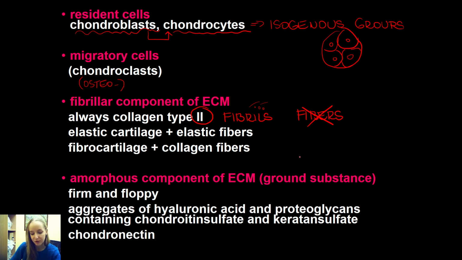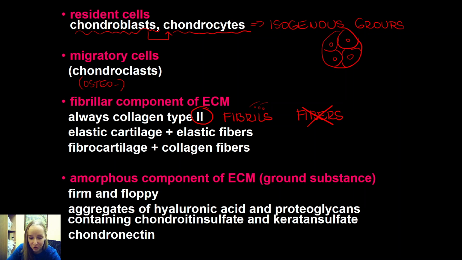But there are types of cartilage that have fibers. So some cartilage doesn't contain fibers, but some types of cartilage do contain fibers. For example, that's the fibrocartilage right here.